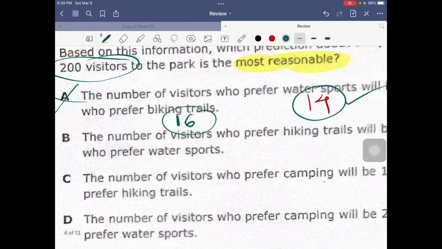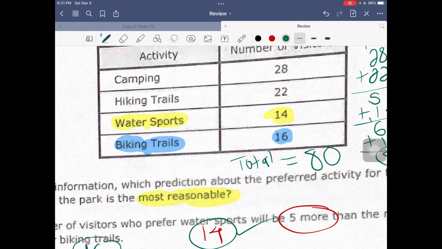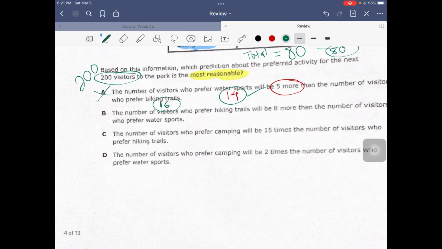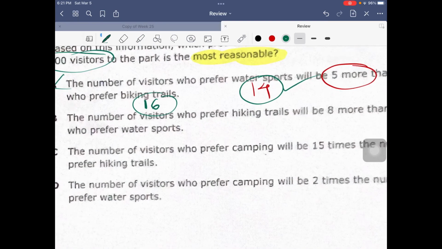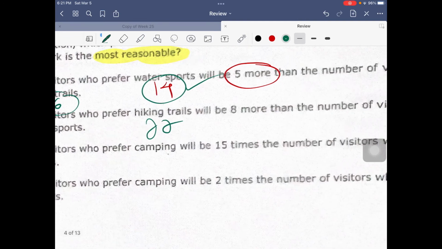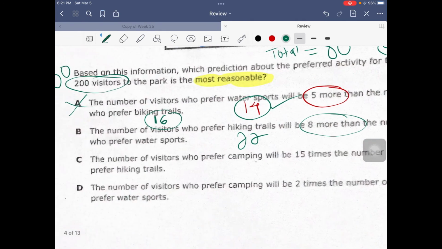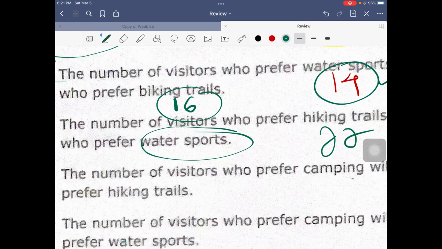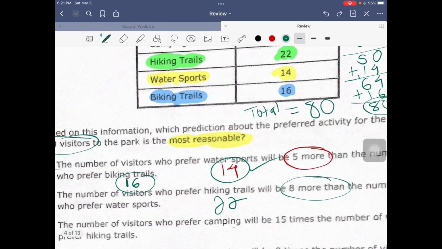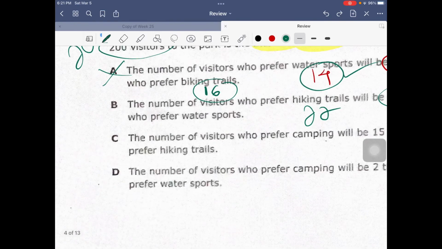Now, the number of visitors who prefer hiking trails. How many prefer hiking trails? 22. How many prefer will be 8 more than water sports? How many prefer water sports? 14.